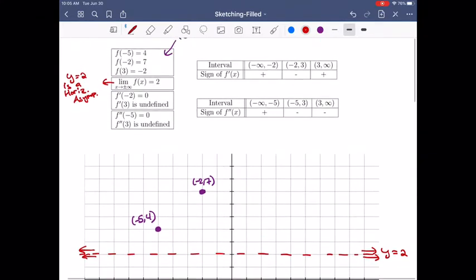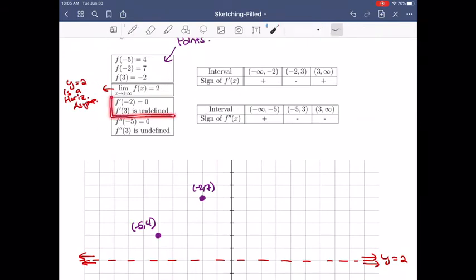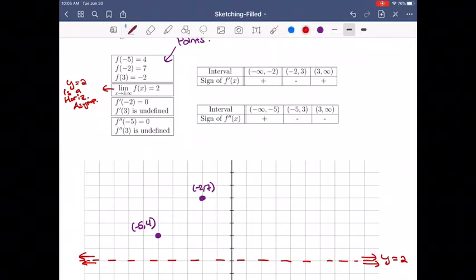Now, the next box here is telling us f prime of -2 equals 0 and f prime of 3 is undefined. So these are our critical numbers. So x equals -2 and x equals 3 are critical numbers.